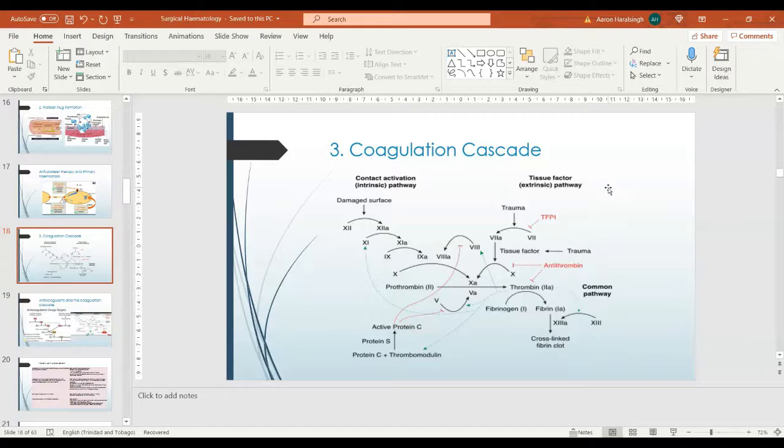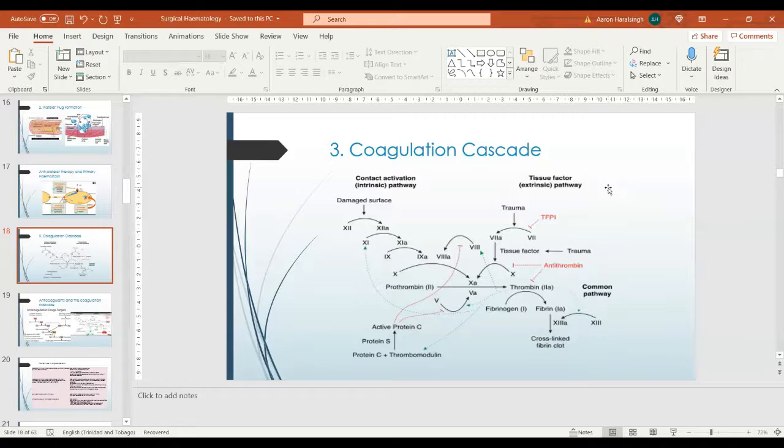We have the PTT, which is the partial thromboplastin time, and the PT, which is the prothrombin time. And the prothrombin time evaluates factors 2, 5, 7, 10, and 1. So I guess if you put that in order, it's 1, 2, 5, 7, 10.